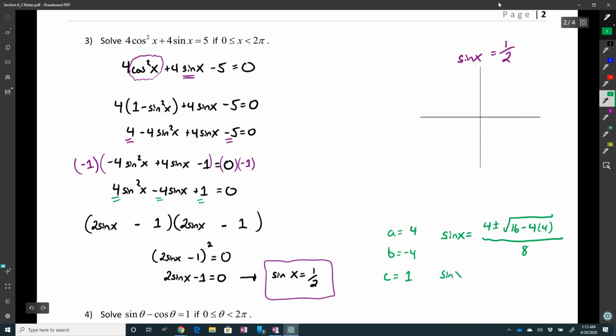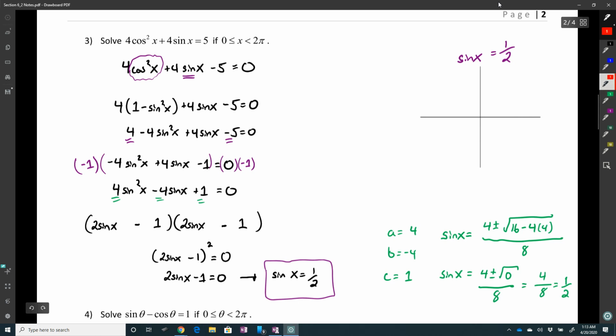And notice that when you do this, you get 4 plus or minus the square root of 16 minus 16, which is 0. And so you end up getting 4 plus 0 over 8, 4 minus 0 over 8, or in this case 4 over 8, which is just 1/2.